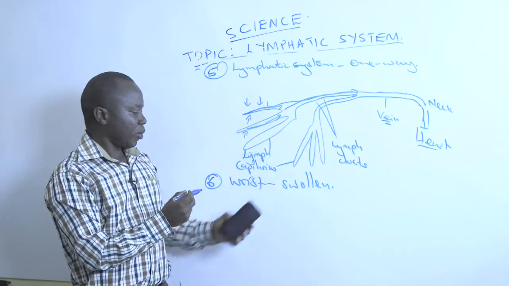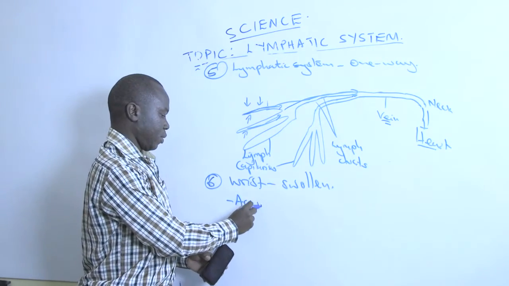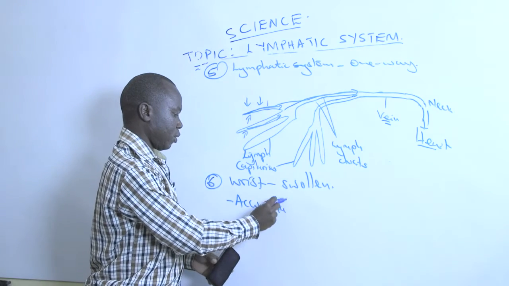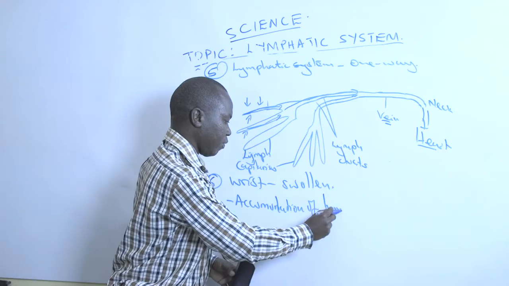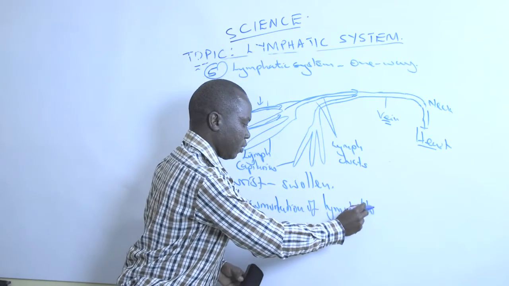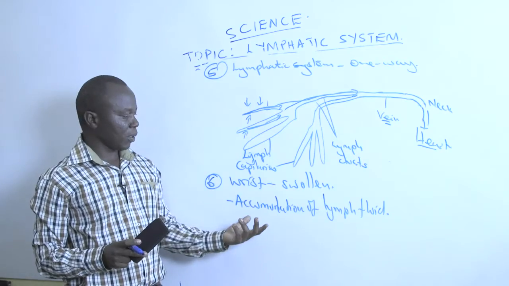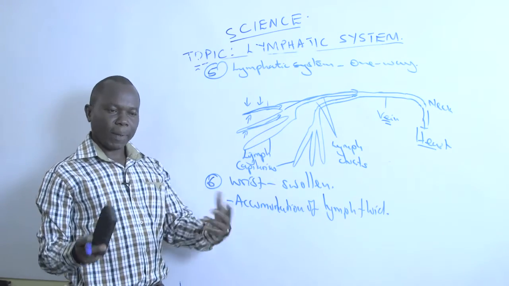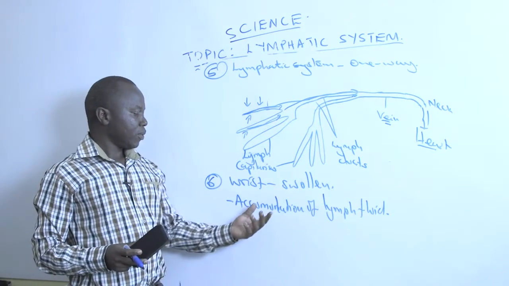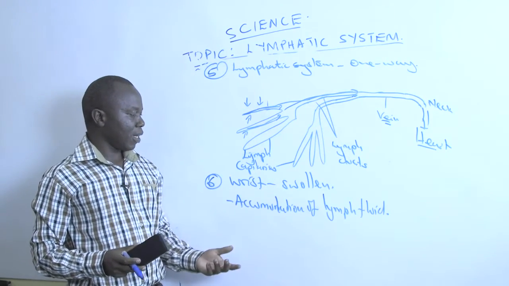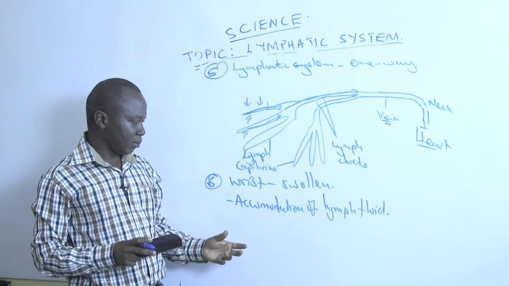So the wrist will become swollen when you hurt yourself due to accumulation of lymph fluid. That is common. If, for example, you are playing or walking and then you fall and experience a fracture, it is going to interfere with the vessels in the lymphatic system.